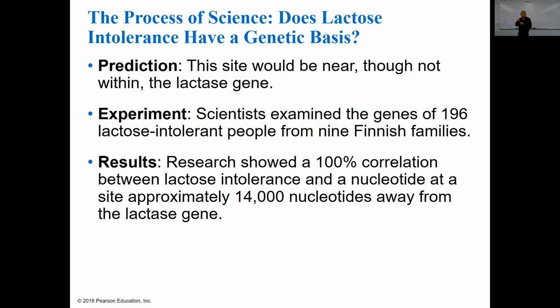And somehow an error was put in there that made that regulatory site not work anymore. And therefore it couldn't turn off the lactase gene. And the lactase gene turned on. And so even after you're an adult, you can still digest lactose.